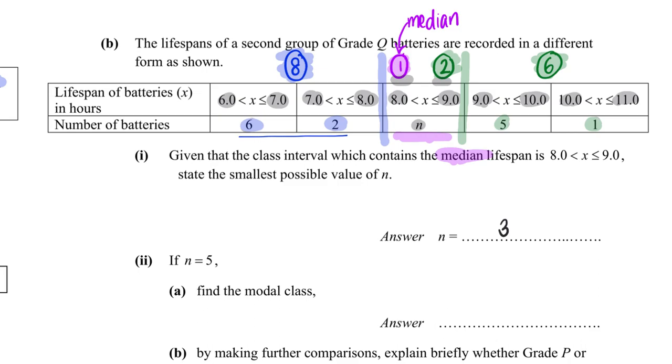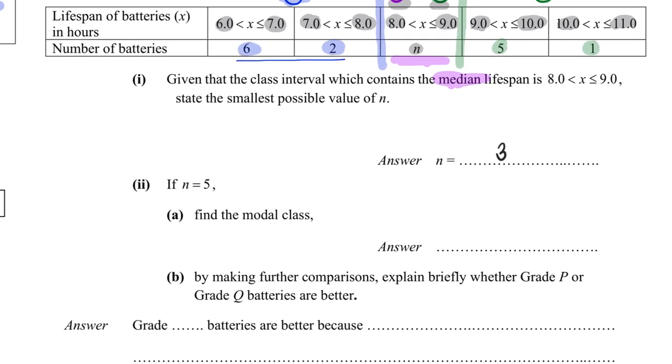Next. So now n is not 3, rather n is 5. Find the modal class. So if n is 5, for example, then the modal class, right? What is a modal class? Modal class is the class that has the highest, that appears the most number.